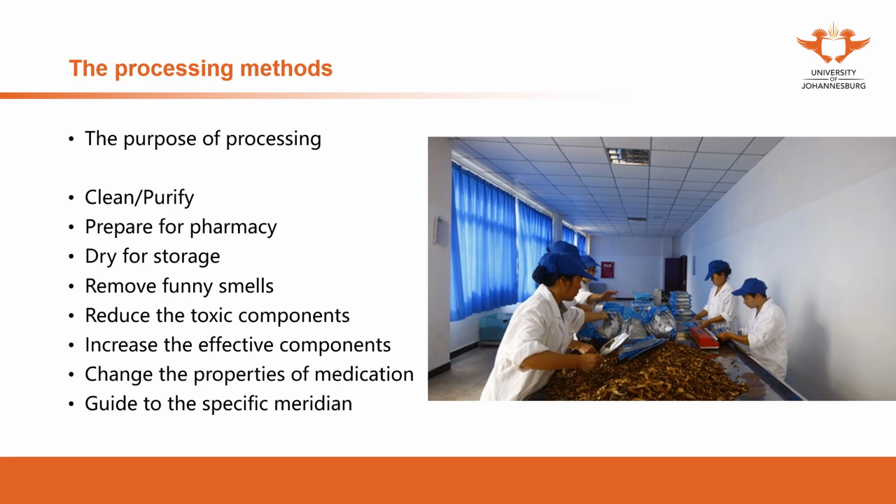For example, in the previous videos, we have mentioned one herb, foods. The effective components are the same as the toxic components. But in order to have a safe practice, you need to limit the toxic components.